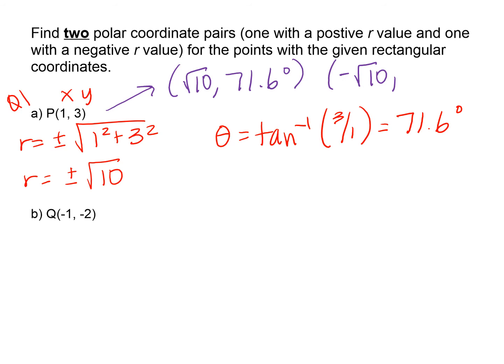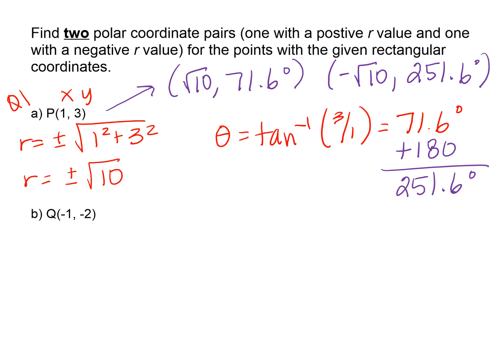So to find the angle that goes with the negative square root of 10, I'm going to need to add 180 degrees, and that will give me 251.6 degrees. So that gives us the polar coordinates, one with a positive r value and one with a negative r value.